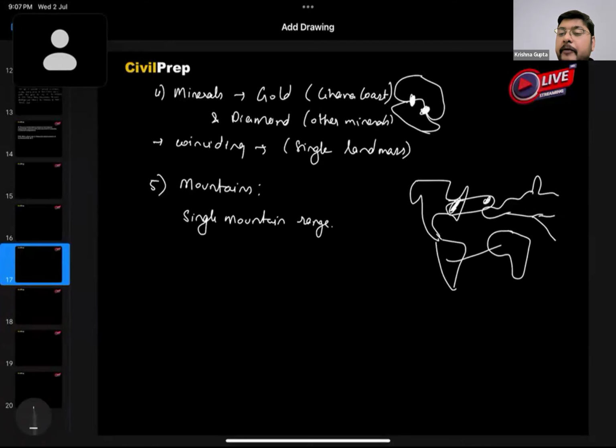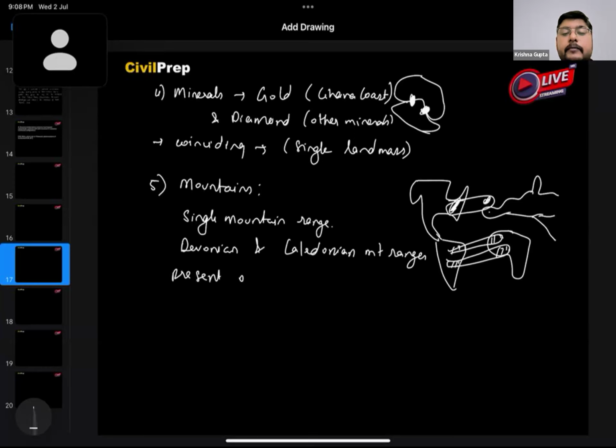Apart from this, we have the Caledonian mountain ranges present over different landmasses.